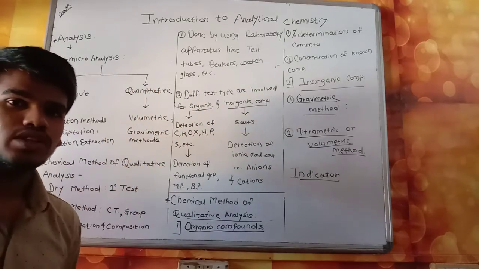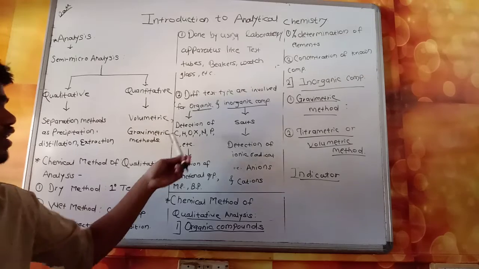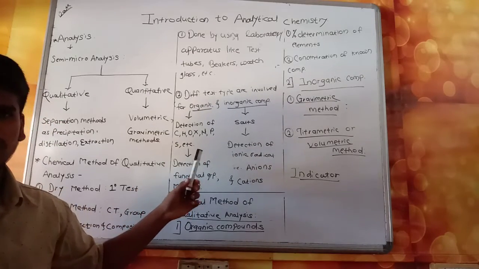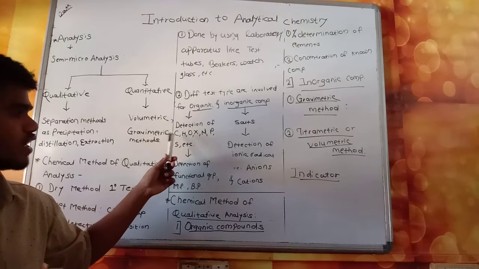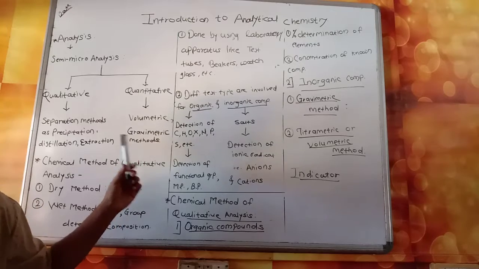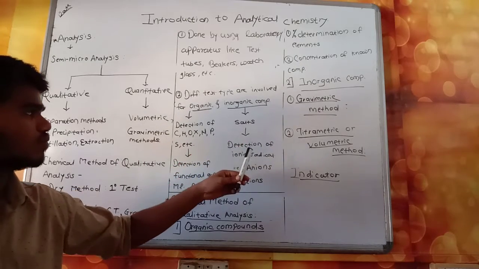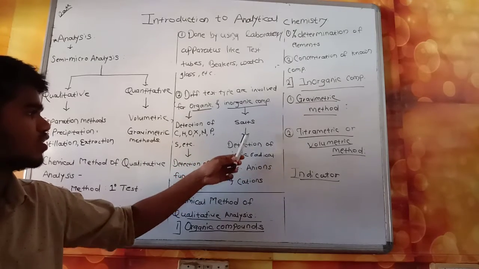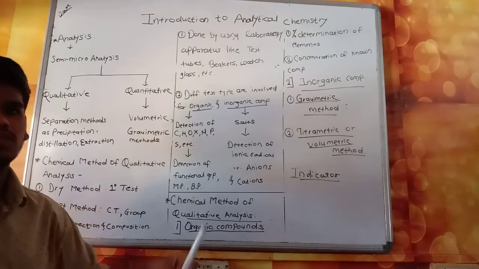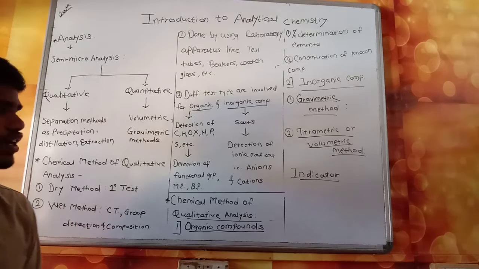Different tests are involved in the detection of organic and inorganic compounds. In the case of organic compounds, it involves detection of elements like carbon, hydrogen, oxygen, halides, nitrogen, phosphorus and sulfur. And in the case of inorganic compounds, that is ionic salts, it involves detection of ionic radicals, that is anions and cations, present in the given sample under testing.